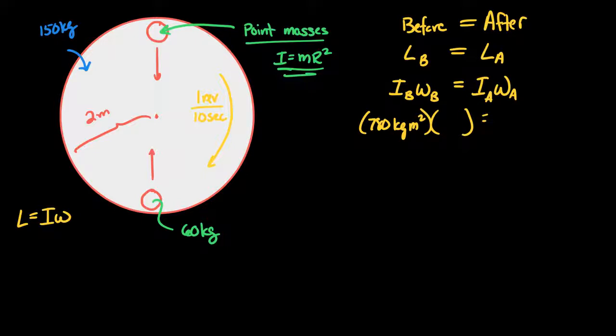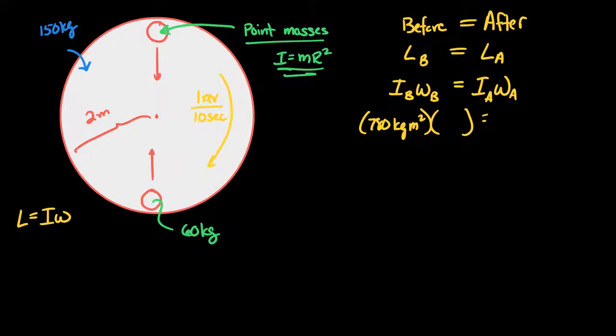If you look carefully at this relationship that we got sitting up here, do you notice that I have moment of inertia times speed equals moment of inertia times speed? If I leave the speed in revolutions per second, my answer is just going to be in revolutions per second.